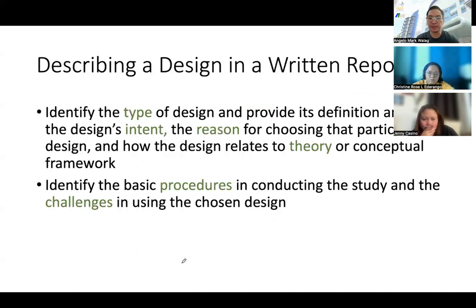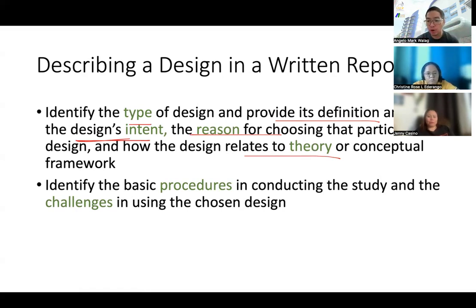So the technique in writing a design in a research report: first, identify the type of design, provide its definition, and then the intent of your design and the reason for choosing that design, and how that design relates to the theory or the conceptual framework that you have established at the beginning of your study. So will it test the theory?